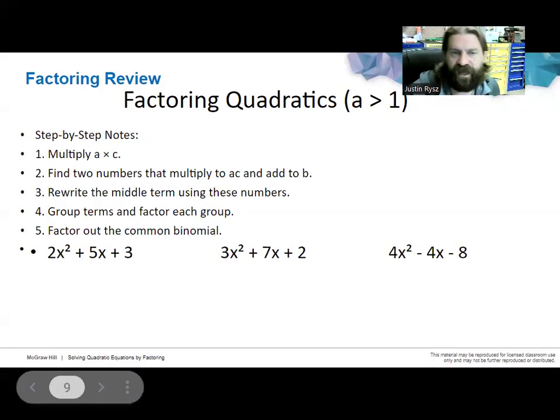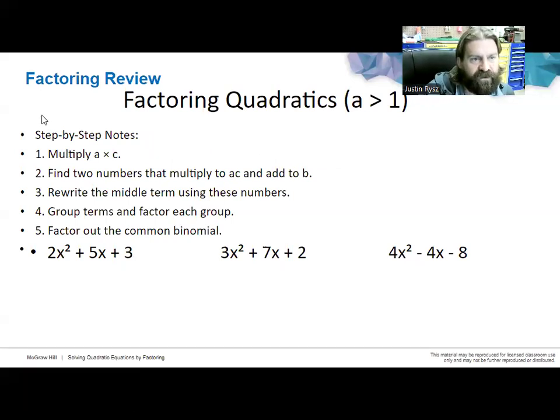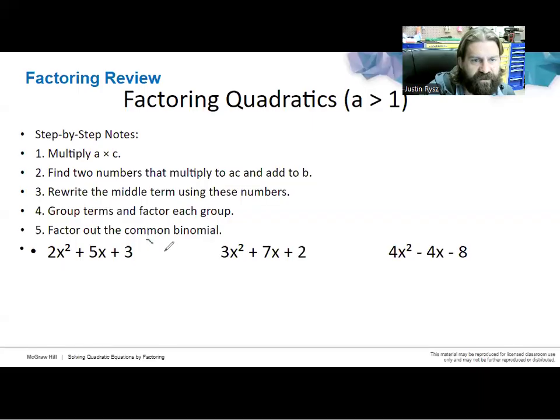All right, and then when we have a term with a number in front, what we need to do is multiply together to get the number at the end. So we got 2 times 3 here. So what multiplies together to get 6 and adds together to get 5? That's a 2 and a 3. So we're going to write down those special numbers, 2 and 3.